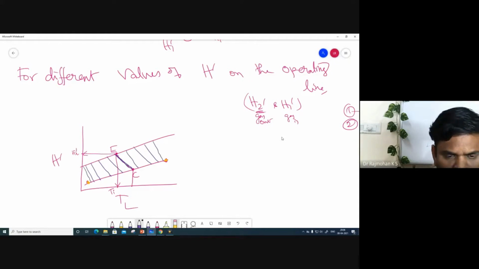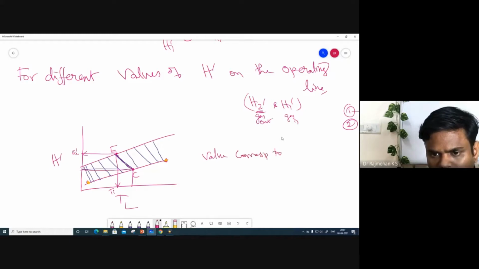Now we have so many values of H. We have different values of T, but that's not the case here. What we want is the corresponding value. This is our operating line and this is our equilibrium line.